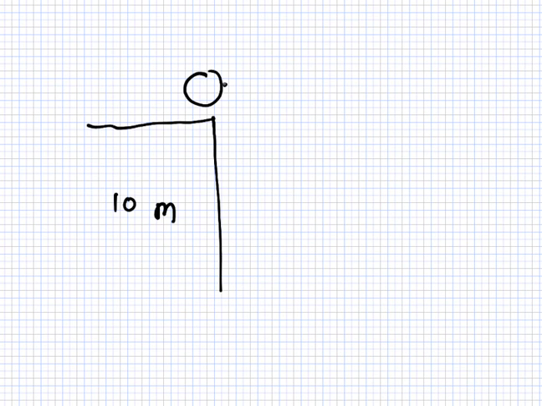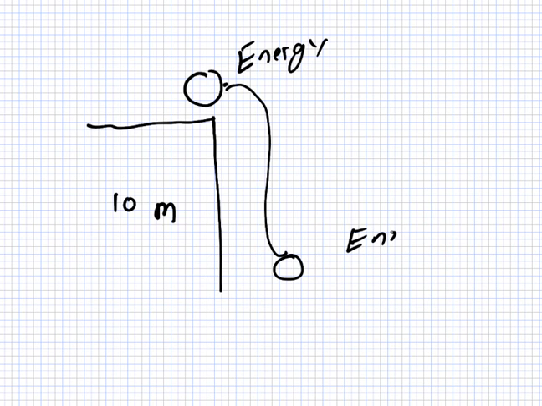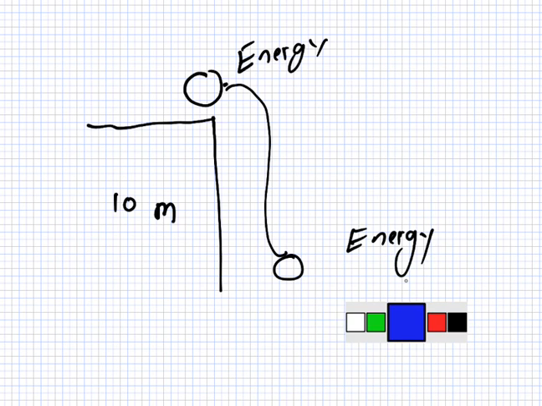So at the top, this ball has energy. And when it falls down here, it still has energy. At the top, this ball is not moving. What type of energy does it have?